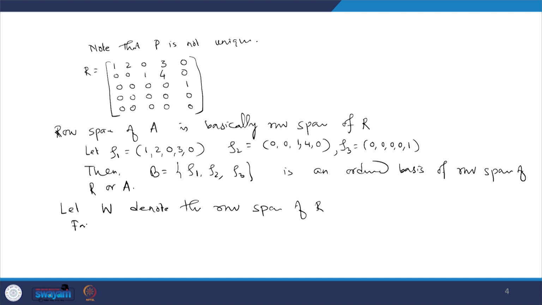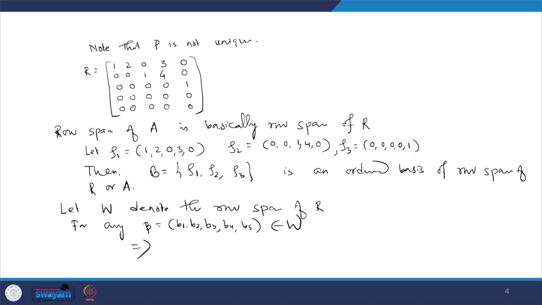For any beta equal to b1, b2, b3, b4, b5 belonging to W, I will be able to express beta as a linear combination of row 1, row 2, row 3.